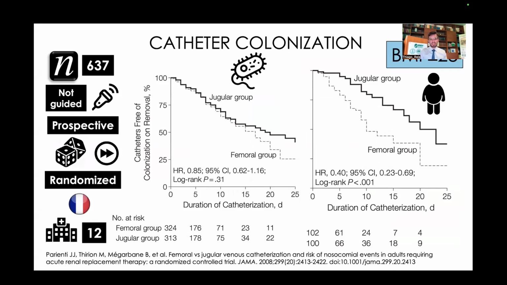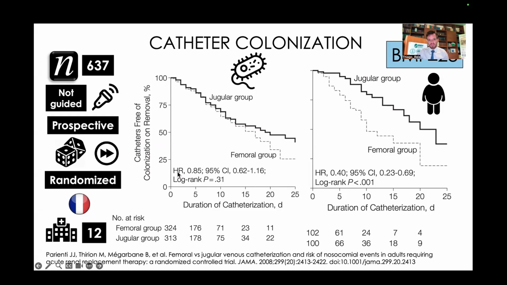Another relevant question is whether different sites carry a different risk of infection. This trial included 637 patients, and interestingly, this trial was almost 20 years ago, and back then almost no catheters were placed using ultrasound. It was a prospective randomized trial in 12 centers in France, and patients were randomized to get a catheter in the jugular or in the femoral veins.